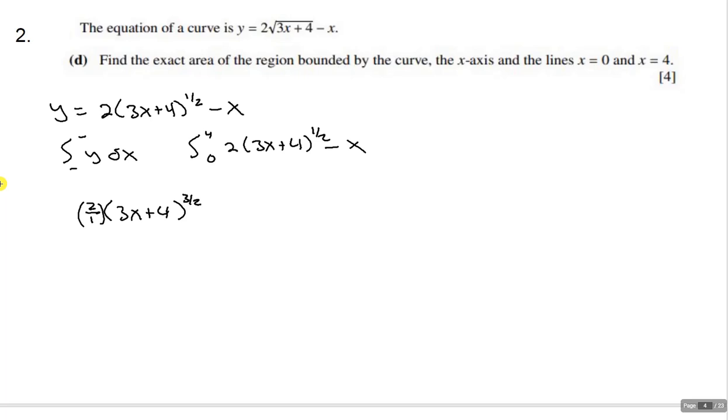Because I could divide by 3/2, or I could multiply by the reciprocal. In this case, I find it more convenient to multiply by the reciprocal. So this is going to be multiplied times 2 over 3. And then the other thing is, keep in mind, I'm also going to divide by the derivative of the inside, which, again, dividing by 3 is the same thing as multiplying by 1/3. This is a very common thing for people to forget to do, the derivative of the inside.